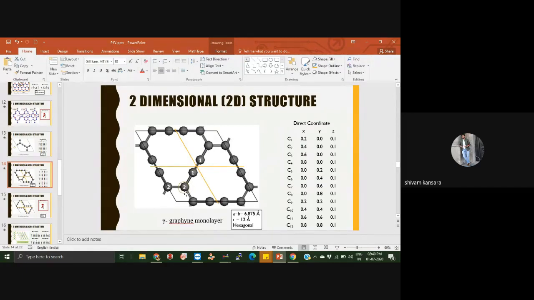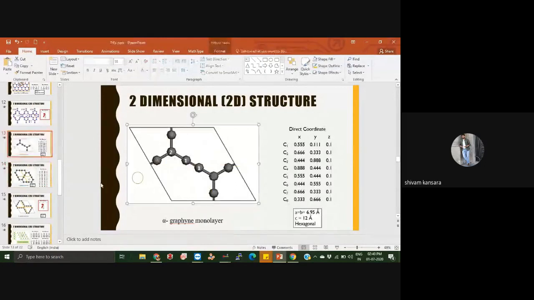If this atom is here, then the x dimension is 0.8 but the y dimension is 0.2. Same as here, the atomic position is here, this is 0.8 and 0.2, and this is 0.6, 0.4, this is 0.4, 0.6, and this is 0.2 and 0.8.